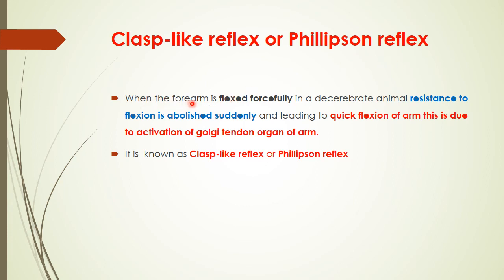Now, when we flex the forearm forcefully in a decerebrate animal, the resistance to flexion is abolished suddenly, leading to quick flexion of the arm, and this is due to the activation of the Golgi tendon organs of the arm muscles.